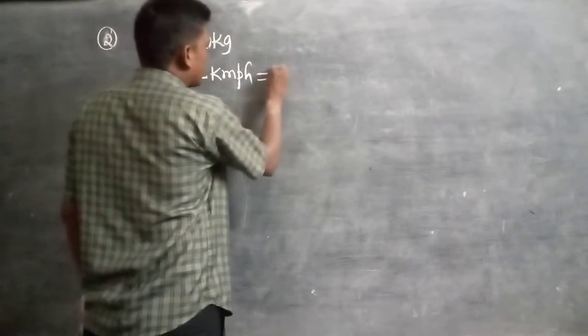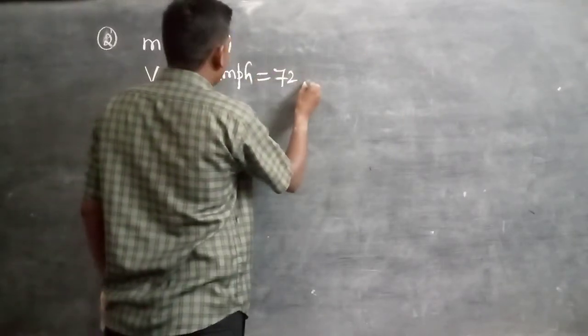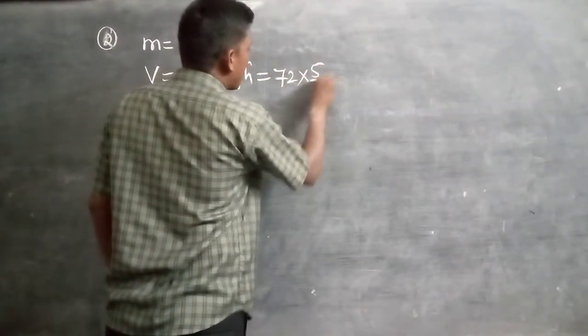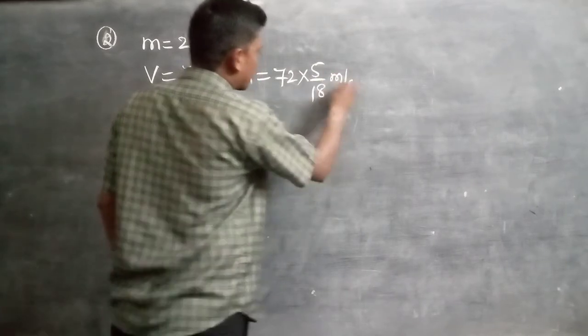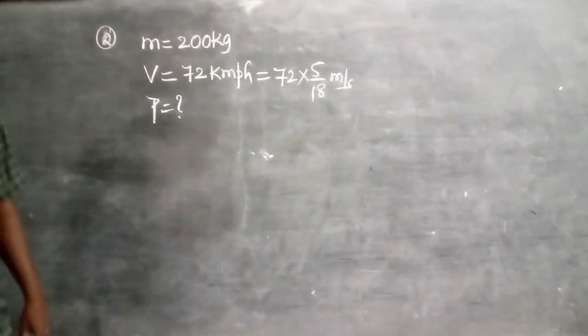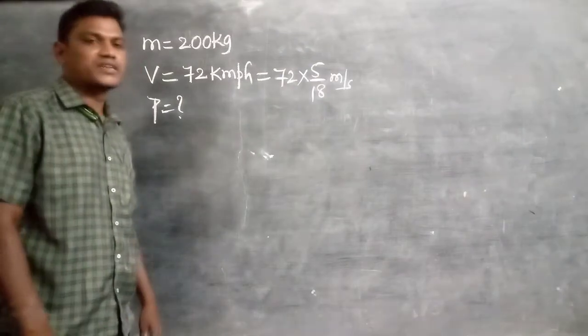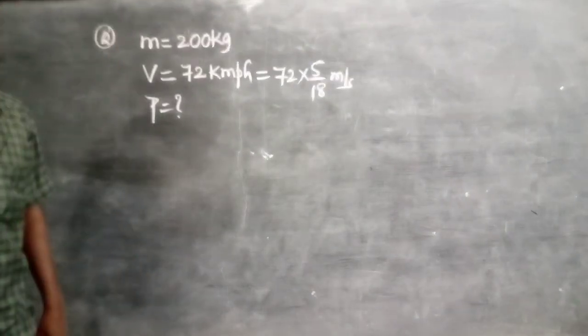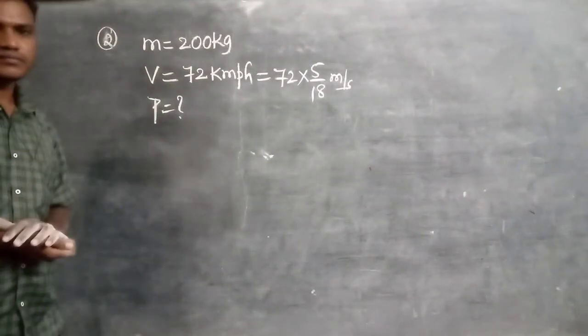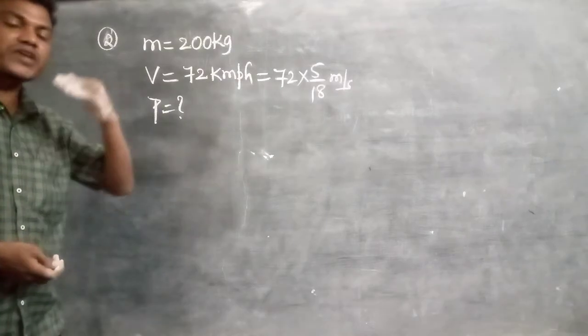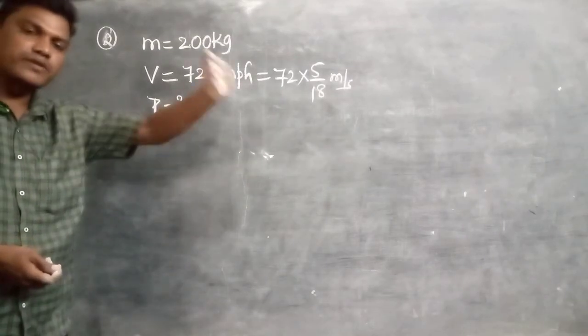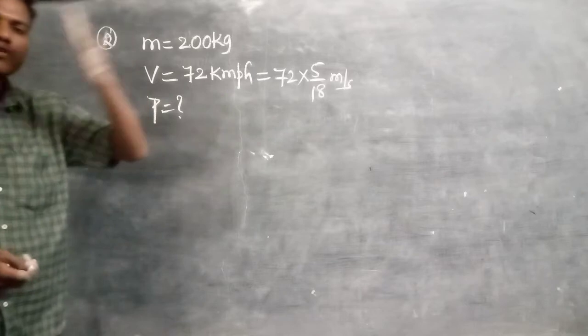We know that 72 into 5 by 18 meters per second. 1 kilometer per hour is equal to 5 by 18 meters per second. In the chapter on motion, I clearly explained how we can convert kilometer per hour to meter per second.